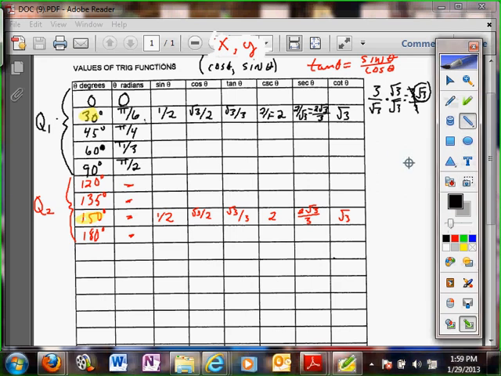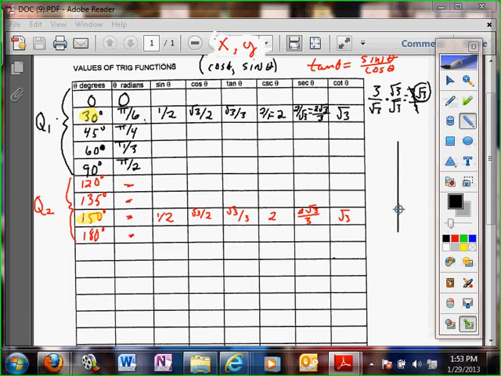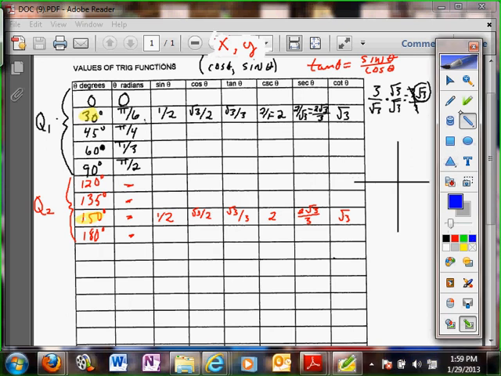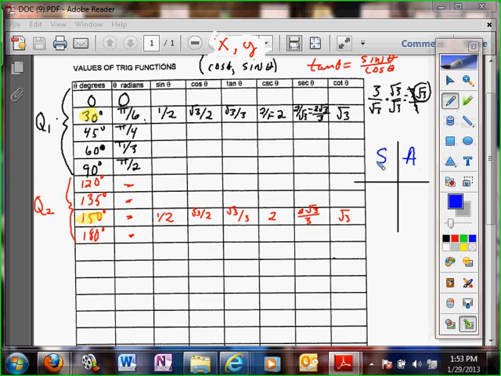But you have to keep something in mind. The signs, S-I-G-N, change depending on which quadrant you're in. Remember, all students take calculus. In the first quadrant, they're all positive. That's why right here, there are no negative values.